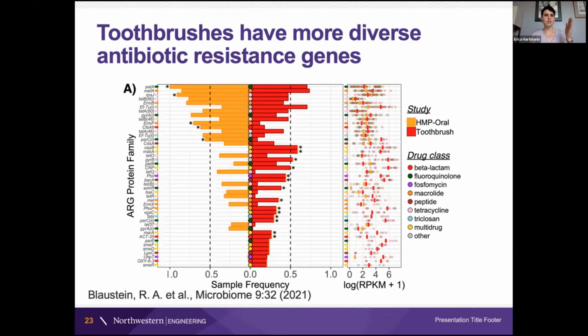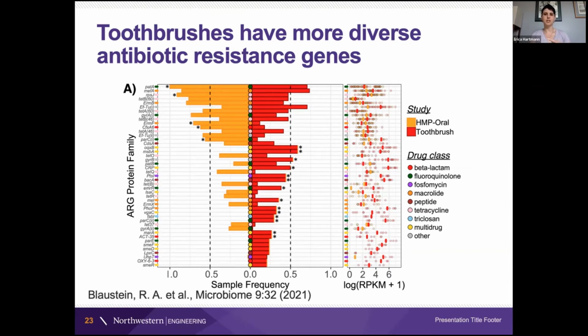What you see here is a list of antimicrobial resistance genes, and the orange side are the ones that are detected in the Human Microbiome Project, so the human mouth, and what's in red is what's detected in a toothbrush. We see that there are a few antimicrobial resistance genes that are highly prevalent, detected in a lot of Human Microbiome Project samples, but more antimicrobial resistance genes that are detected on toothbrushes, especially at lower frequencies.